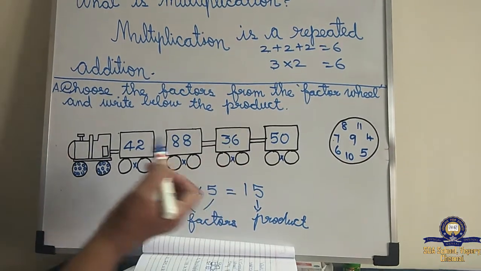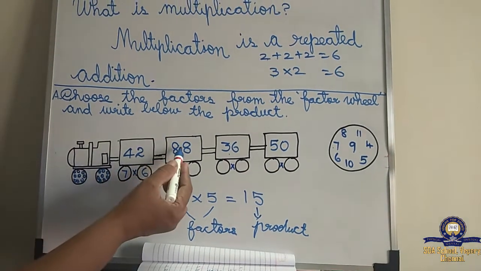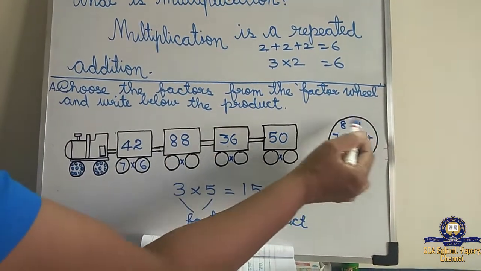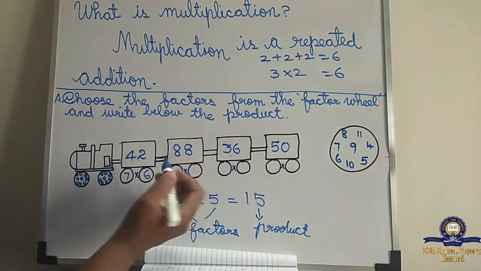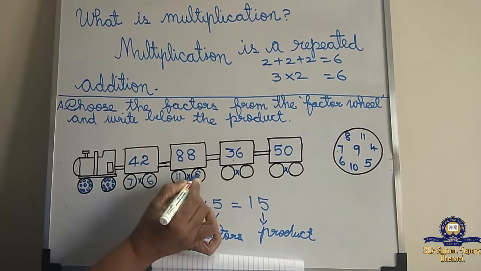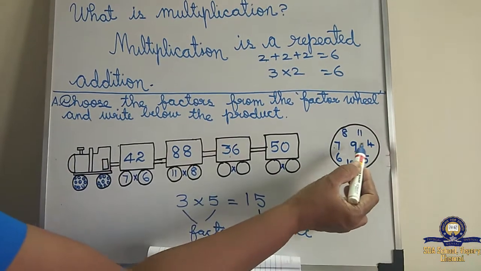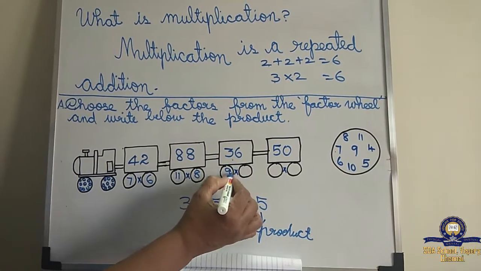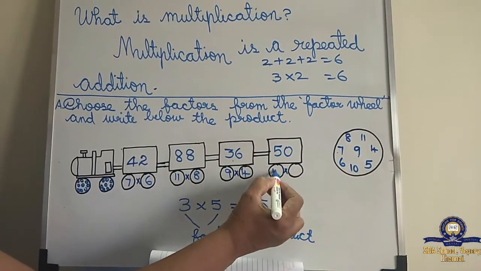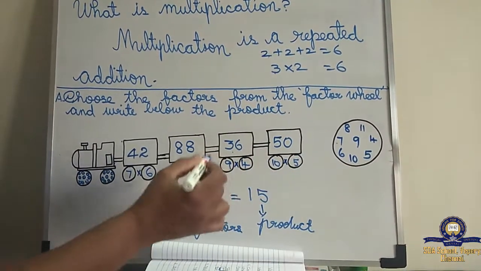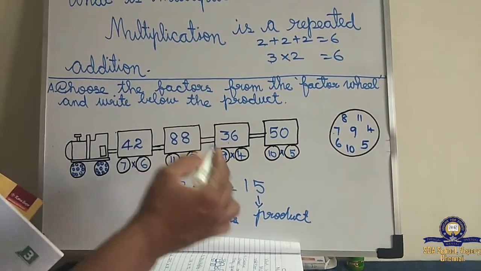Now 88: 11 8s are 88. And 36: 9 4s are 36. And 50: 10 5s are 50. You can do it in the book itself, children. Understood?